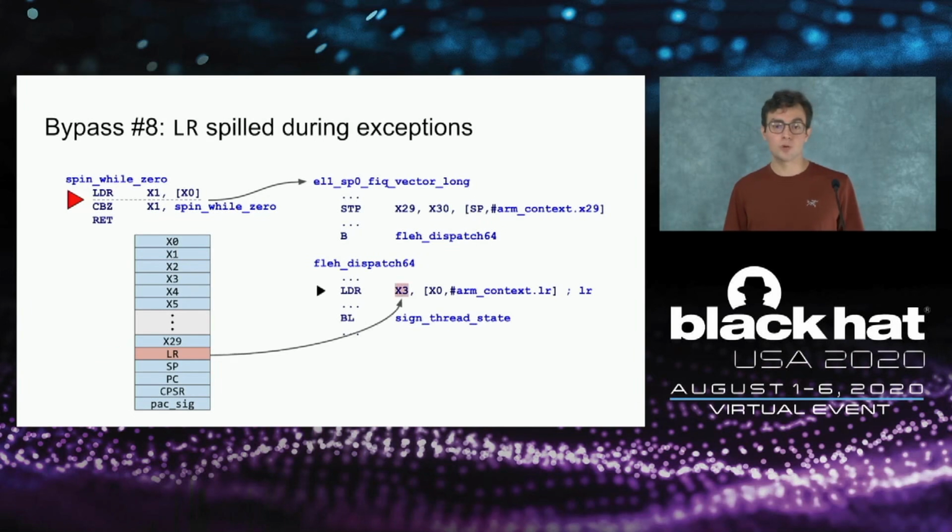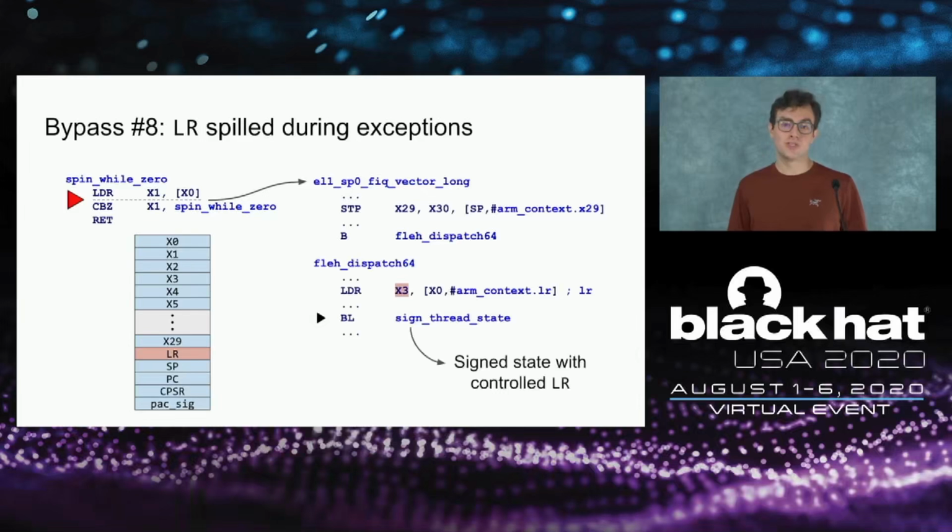Then, just a few instructions later, the exception vector is going to read the now attacker-controlled return address value back in, and then it's going to call sign thread state, meaning that we have now controlled the return address that has been incorporated into this PAC signature, giving us control of where this spin while 0 gadget will return to at a later point.